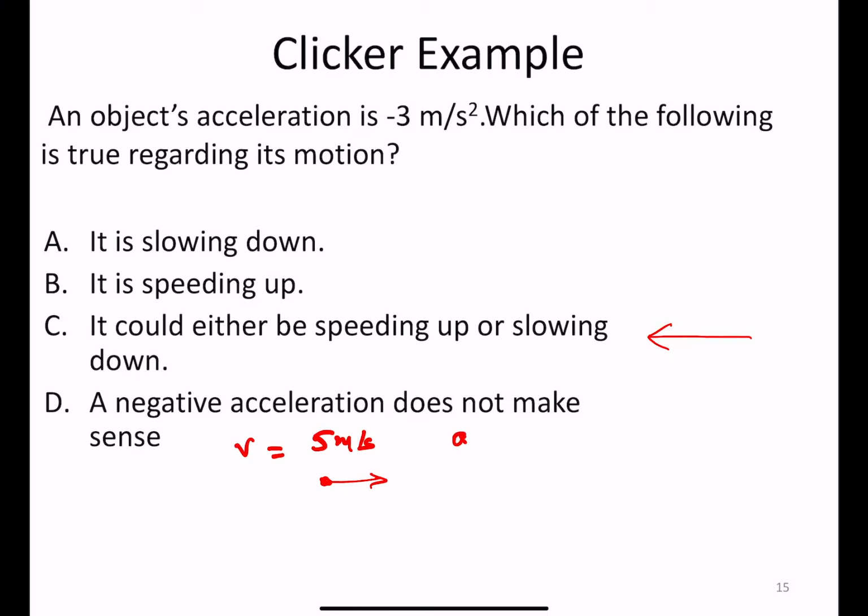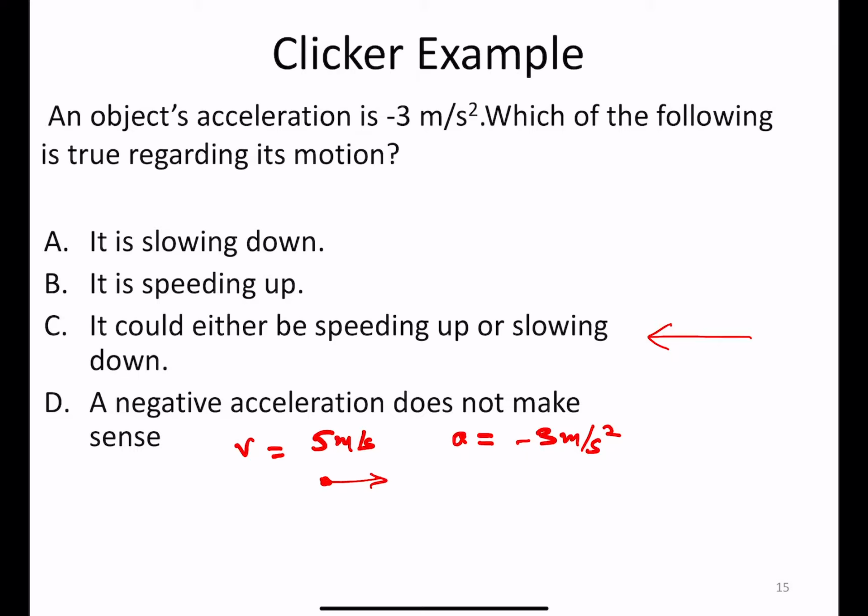So its instantaneous velocity is 5 meters per second, and let's say its acceleration is minus 3 meters per second squared. The velocity being plus 5 meters per second means that it's moving along the positive x-axis. The acceleration is pointed along the negative x-axis.